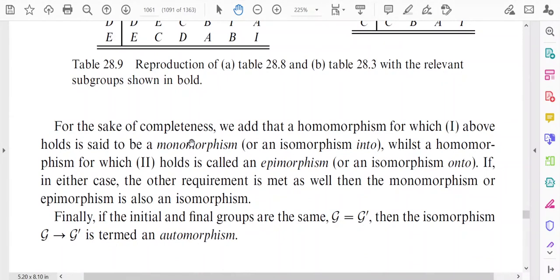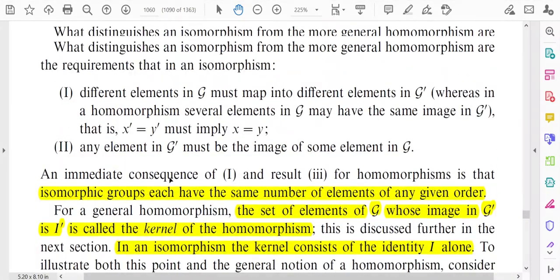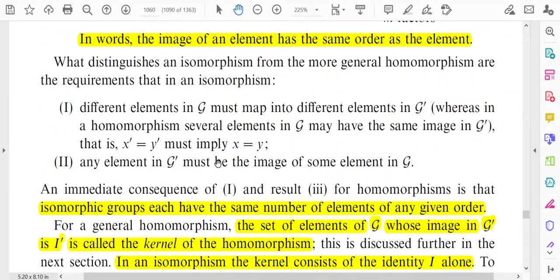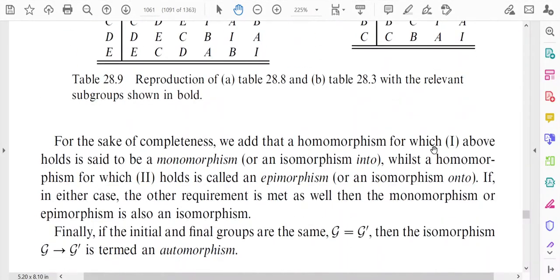For the sake of completeness, we add the following. We have actually defined two conditions; you can look at them again. These two conditions together are the conditions for an isomorphism. But for a particular homomorphism, if only condition 1 holds, then it is known as a monomorphism.